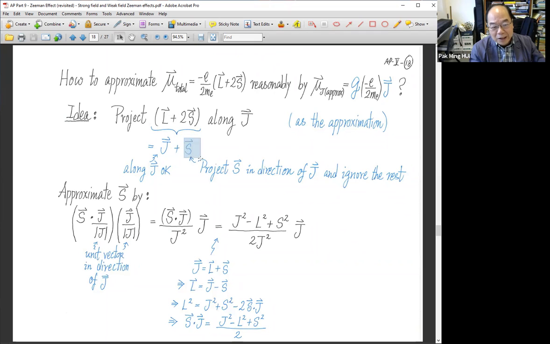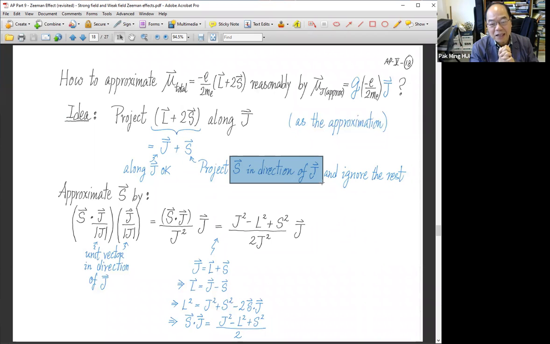We only take into account the effect of S, the part that is projected into the direction of J. Then we will have something that is slightly longer than J, so it accounts for a bit of the S, but is still parallel to J. So that is the idea.